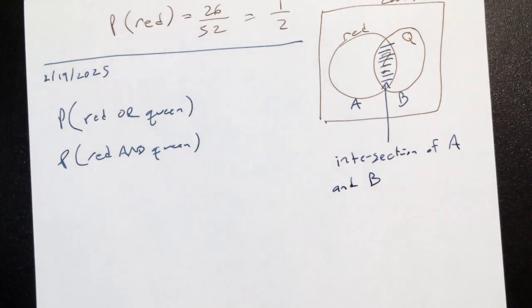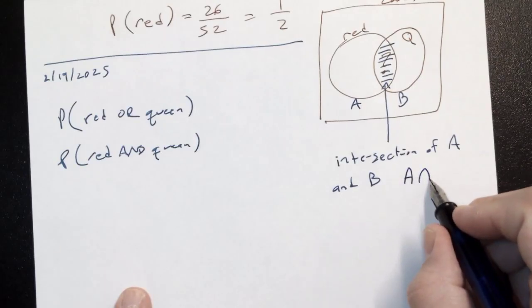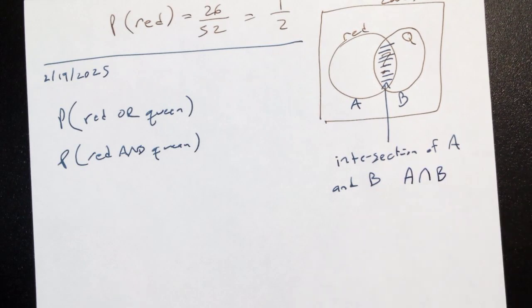The way I remember the symbol for this is I look at the lowercase n in the word, and what we write is A, and then this upside down, well, it kind of looks like that lowercase n, B. And that means intersection. That goes with the word and.